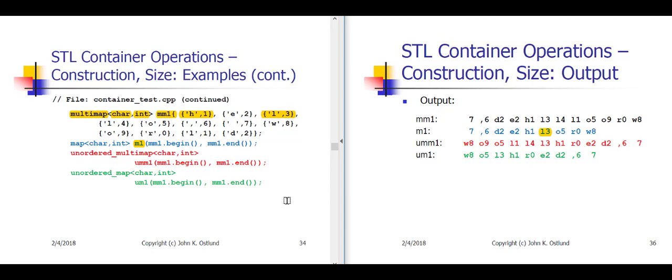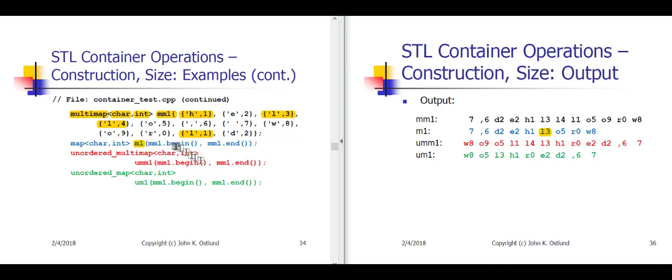Those are simply not stored into the map M1. So the pair L4 is rejected, the pair L1 is rejected. And so all we have in M1 is the first occurrence of the key L with its value 3.